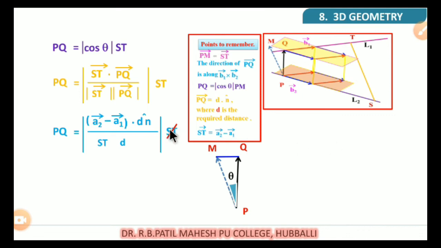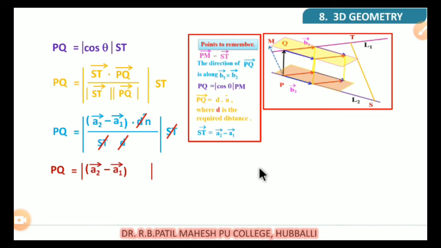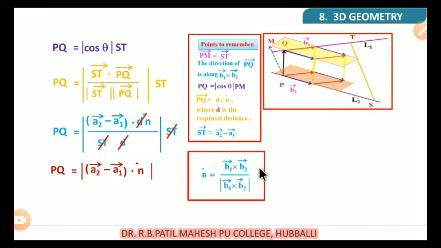Now we can cancel ST and ST, similarly D and D from the numerator and denominator. Here we have PQ equal to the magnitude of A2 minus A1 dot product with n cap.